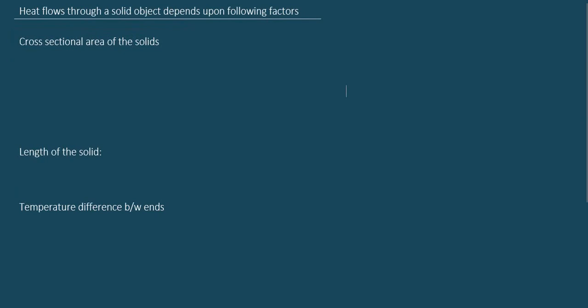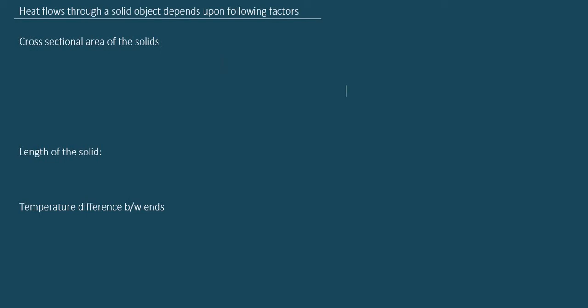First of all, cross-sectional area of the solid. A larger cross-sectional area A of a solid contains a larger number of molecules and free electrons on each layer parallel to its cross-sectional area, and hence greater will be the rate of flow of heat through the solid.